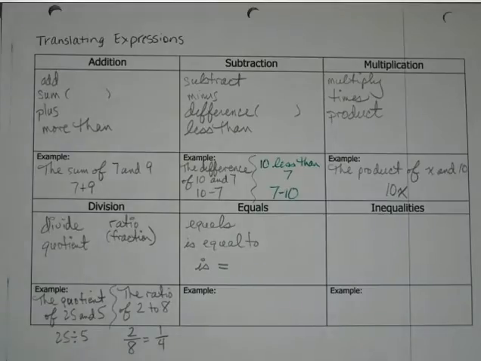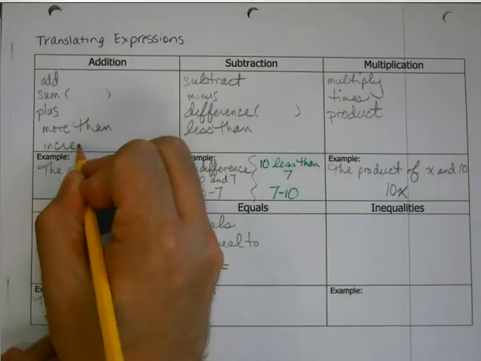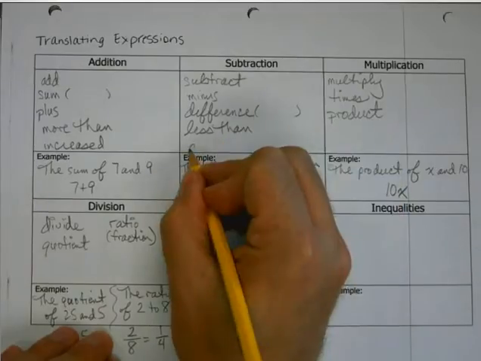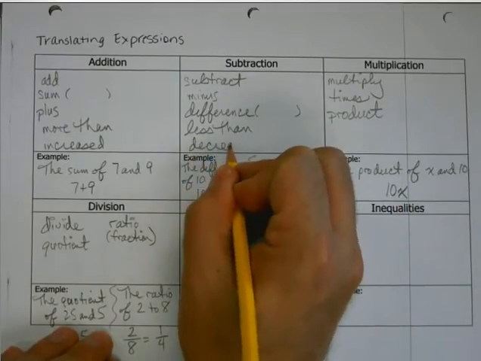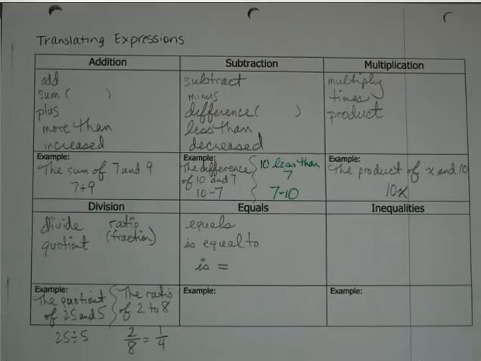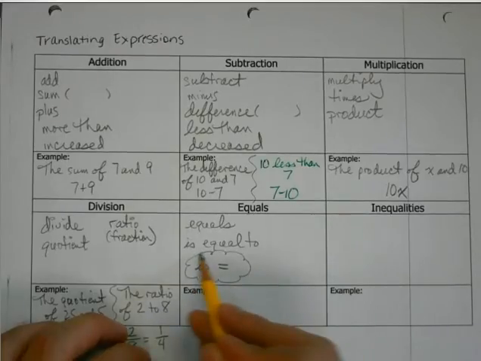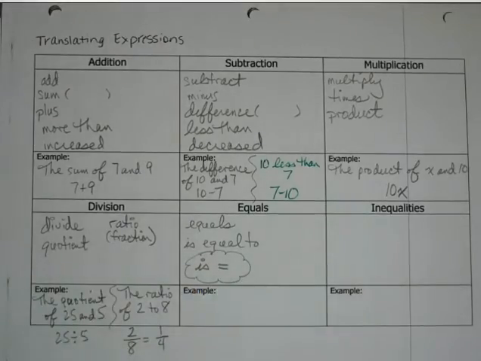I just remembered 2 more words for addition and subtraction, so we're going to include those. Increased and decreased. What was I thinking? But is and equals is a biggie here. If you see that word, that's typically where your equals sign is going to end up being, if it doesn't specifically come out and say equals.